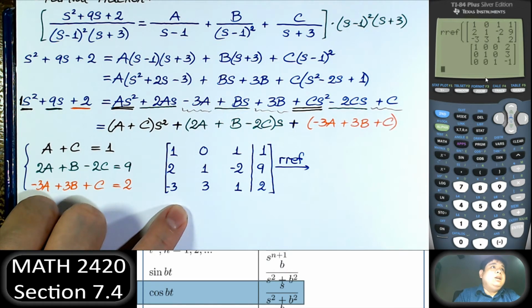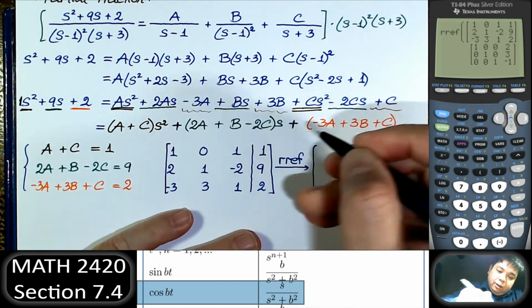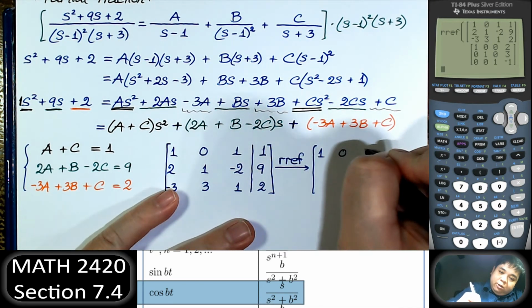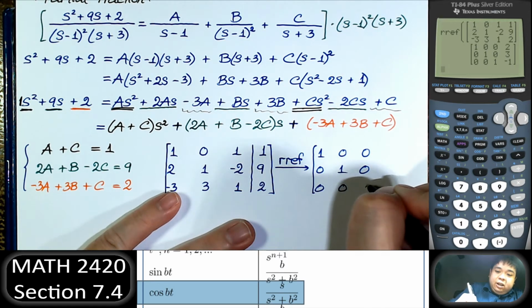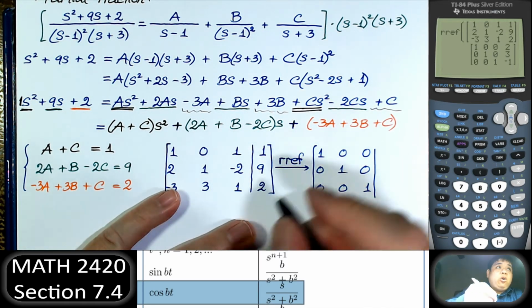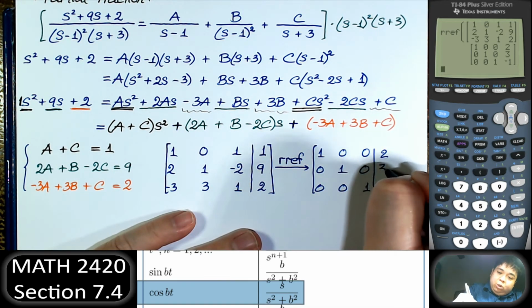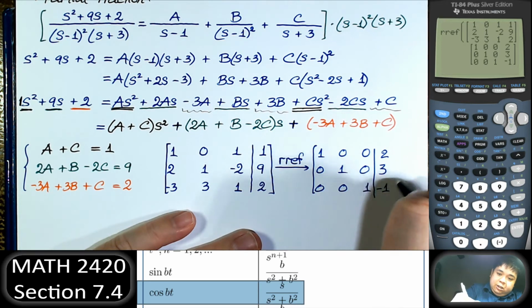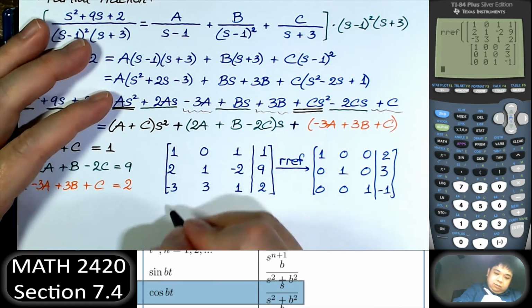Hit enter, and that's what we have: 1, 0, 0, 0, 1, 0. If we have the diagonal matrix on the left hand side, then on the right hand side we have the solution A, B, and C.